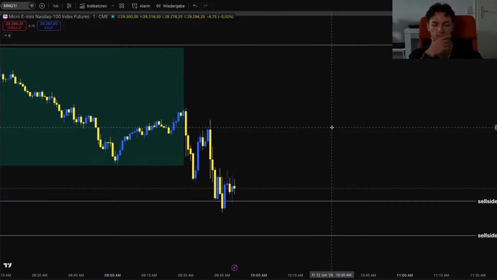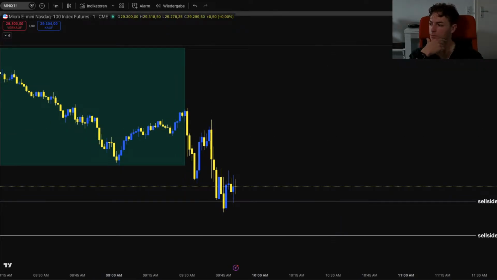Let's see. So S&P took out London low. NQ took out London low. Dow is staying reluctant. It's kind of slow, slowly but gradually moving to the downside.